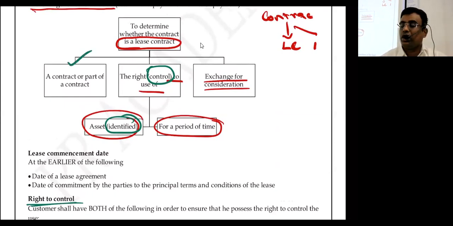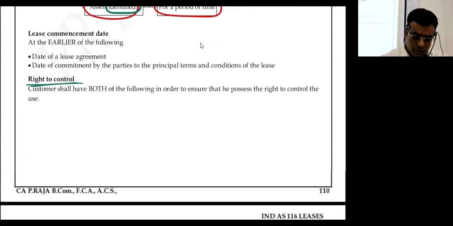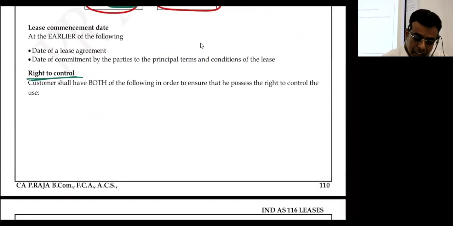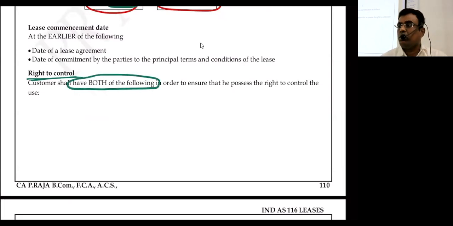Now rights to control, which we have to discuss in detail. Customer, not supplier. Customer means lessee, supplier means lessor. Have both of the following. For this standard, most things we will discuss from our material, so I don't think you need to take many notes, as I can complete it within 3 classes, otherwise 5.